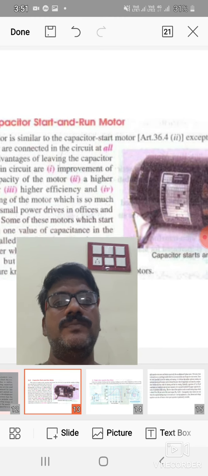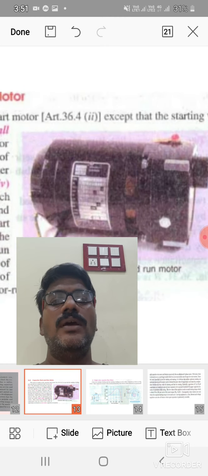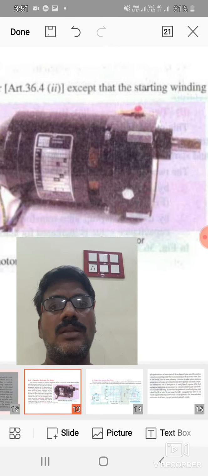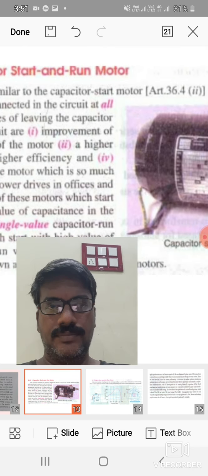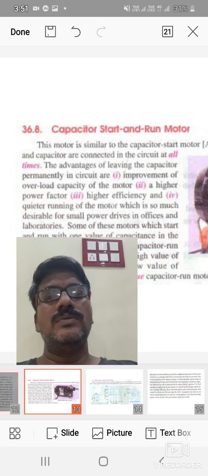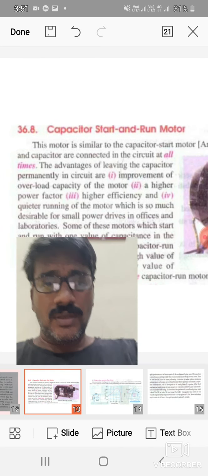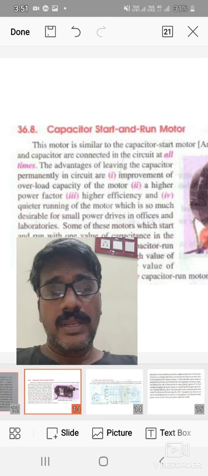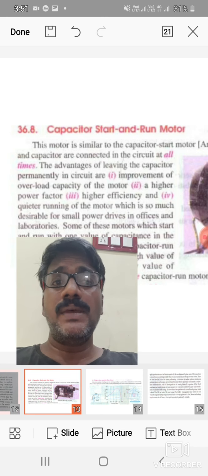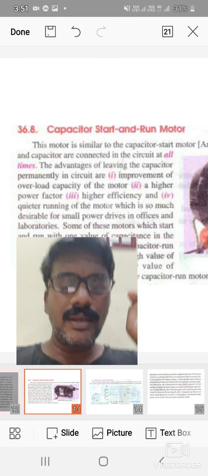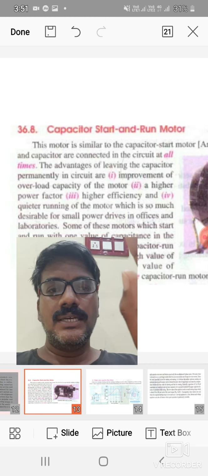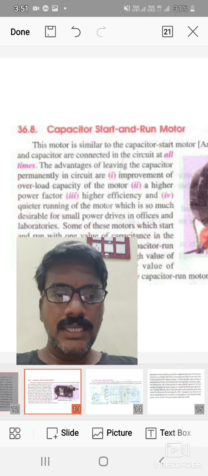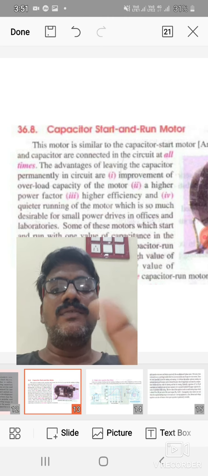Here observe the capacitor start and capacitor run motor diagram, right? Very simple thing is, it is a capacitor start and run motor. That means the capacitor is permanently connected in series with the main winding.